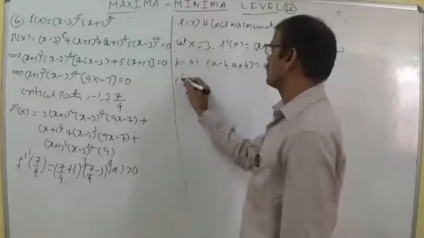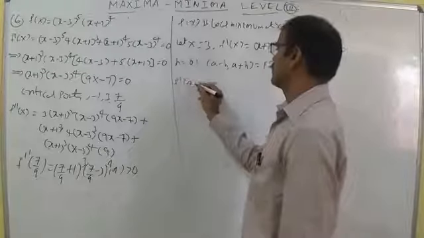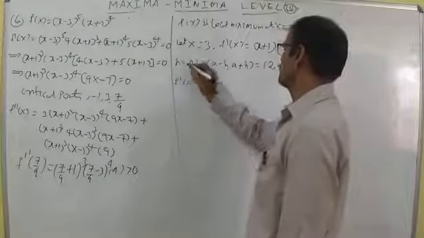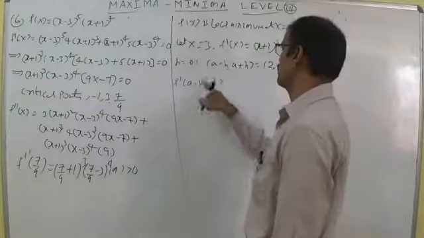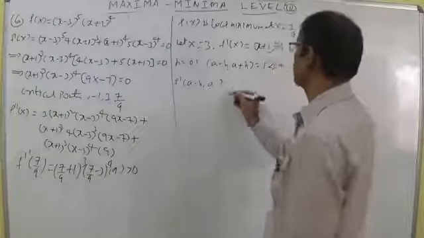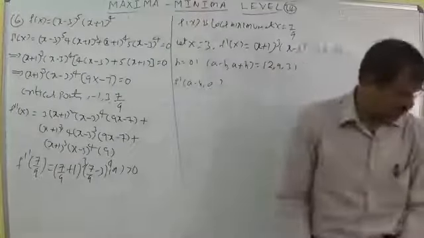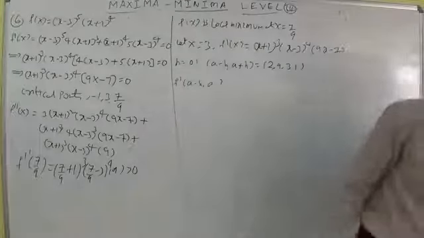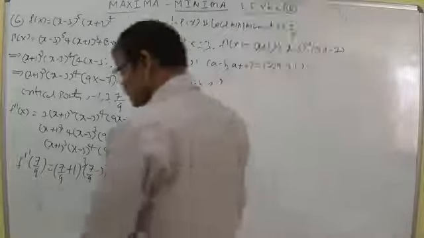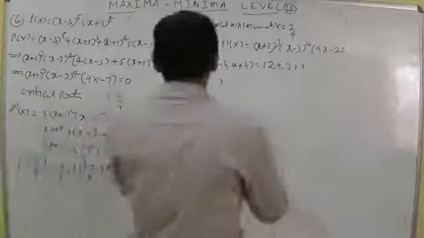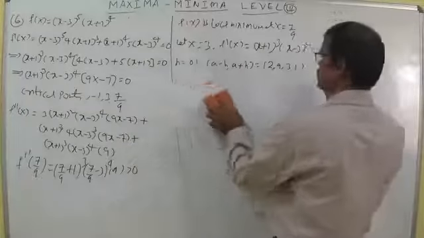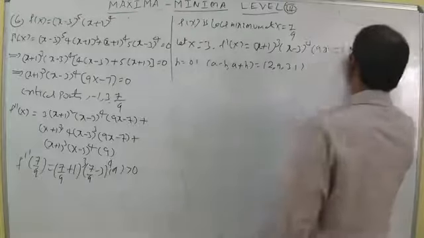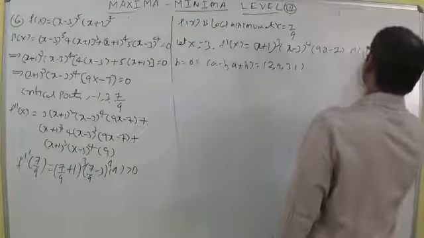Now we will verify f' on (a-h, a): what is the sign, whether the sign changes from positive to negative or negative to positive. Let us discuss the signs. F'(a) we already know becomes 0, here I am writing f'(3) becomes 0.